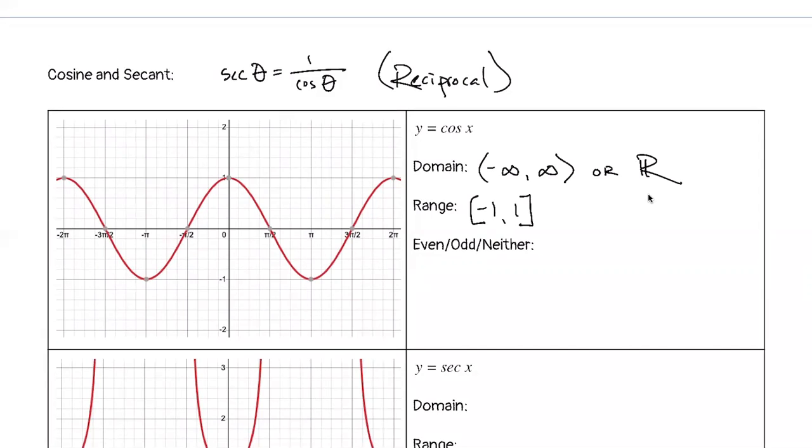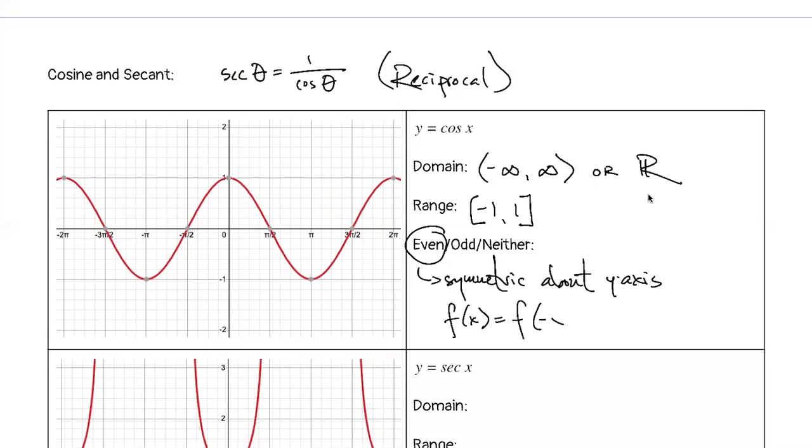And if we look for symmetry here, we can see that cosine is an even function because it's symmetric about the y-axis. One thing to keep in mind is we can also say that as f of x equals f of negative x, okay?